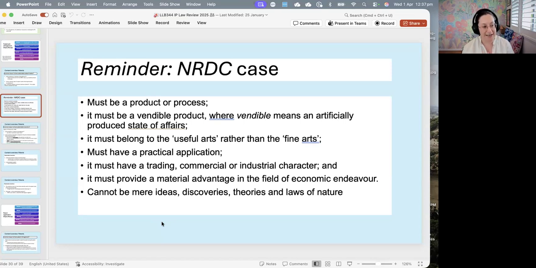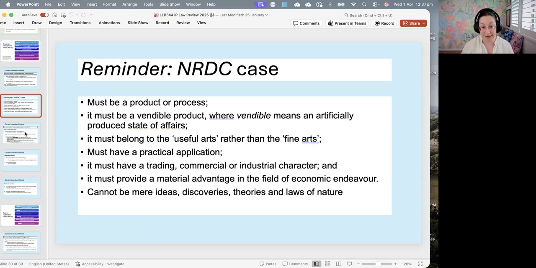So basically, it has to be practical, it has to be useful, it has to be commercial or capable of commercial exploitation. Nothing that is naturally occurring, general discoveries, theories, that sort of thing. All right.